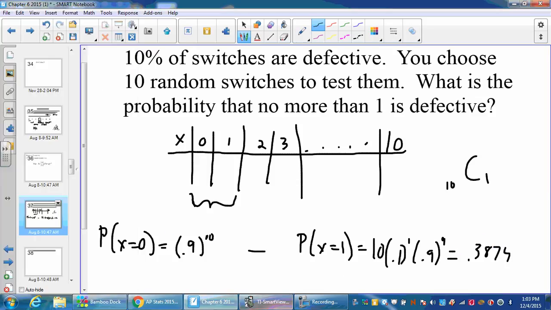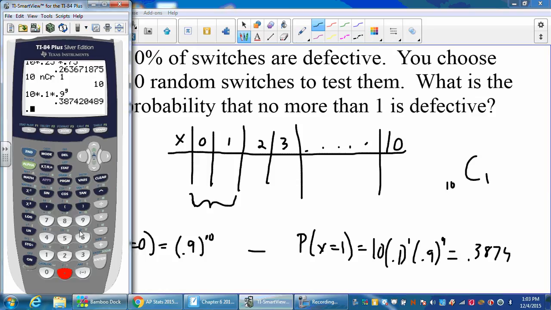And I didn't find this probability over here, I probably should. 0.9 to the 10th. That one's also 0.3486.